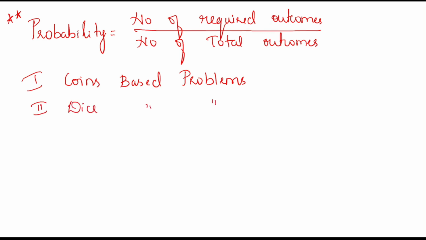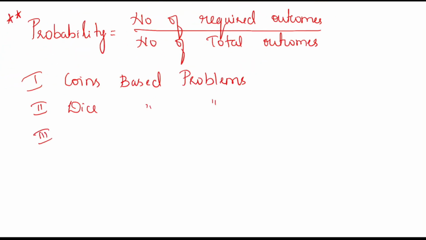When we throw a dice, what is the probability of getting 6? Or when 2 dice are thrown, what is the probability of getting a multiple of 3, or the sum of both dice? What is the probability of getting the sum as 15? Those are dice based problems.